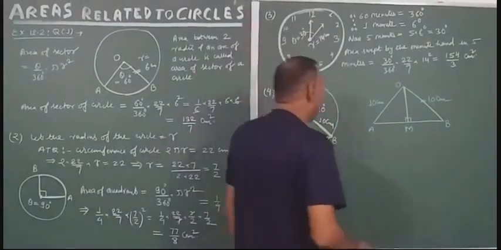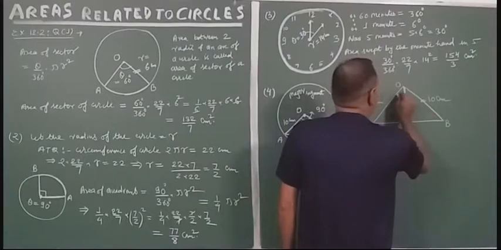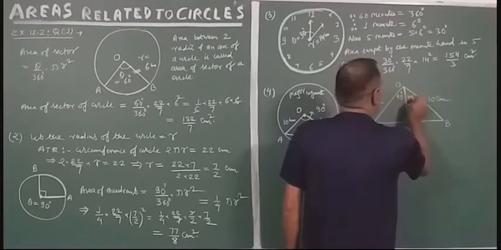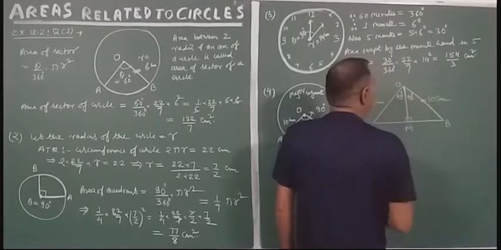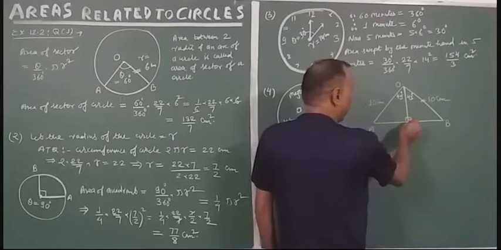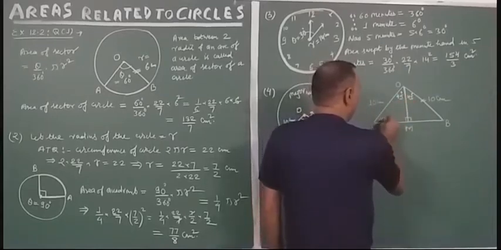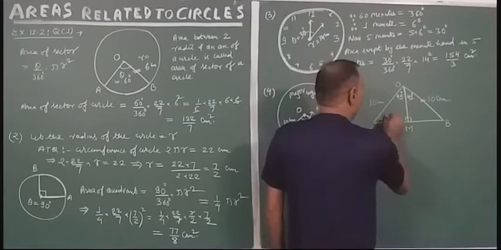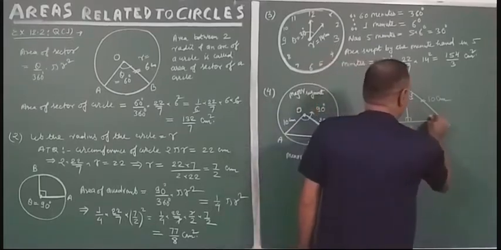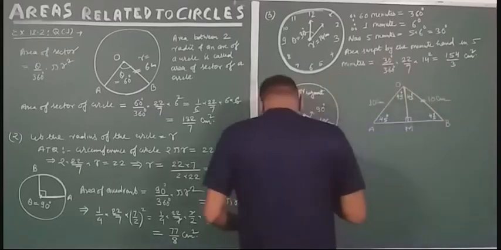So this angle will become 45 degree and this will also be 45 degree. So if this angle is 90, this is 45, it will also be 45 and this will also be 45.